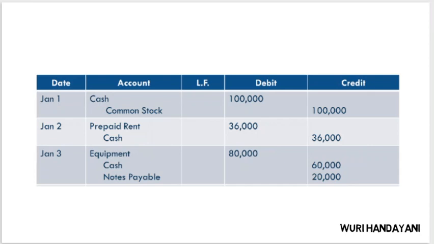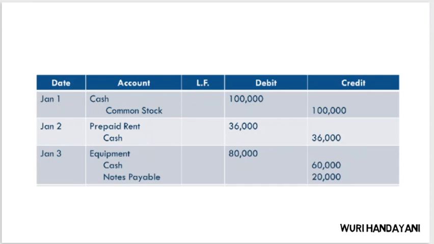2nd January transaction. An amount of $36,000 was paid as advance rent for 3 months. On the 2nd January, company pays one-off expenses, right? To pay rent in advance. So we can write prepaid rent because we pay 3 months in advance.